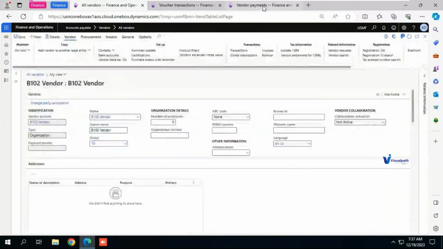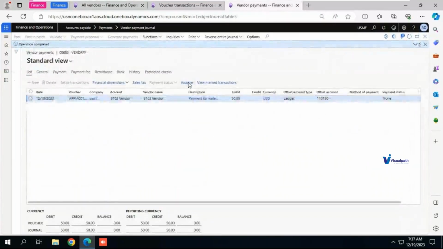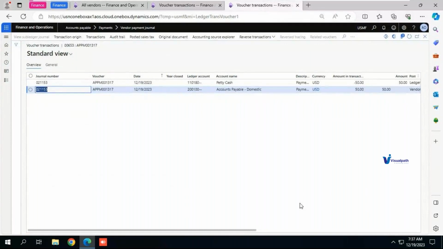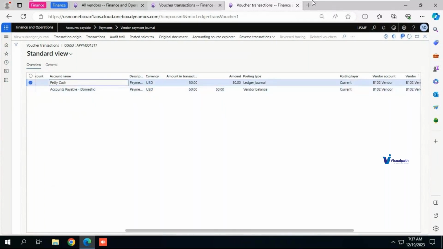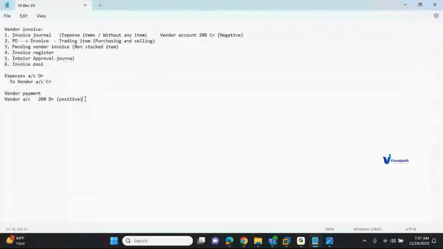So the voucher is here, vendor account debit to cash account, petty cash account. So at the time of vendor payment, it is vendor account debit to cash or bank. If you are giving a check, it is bank.